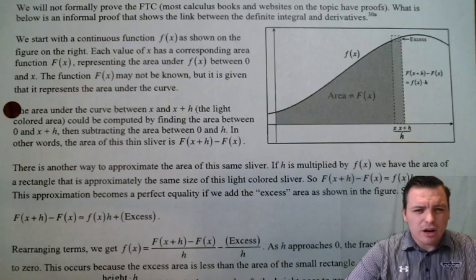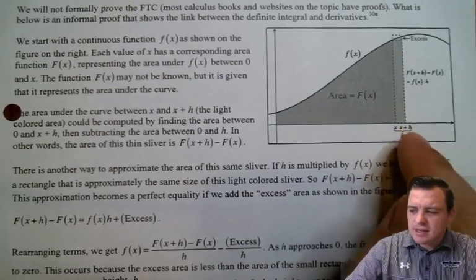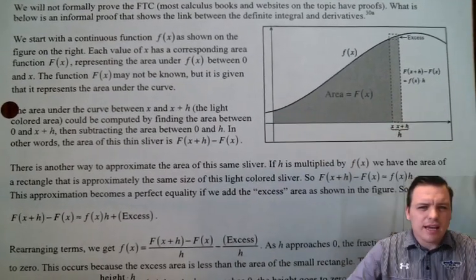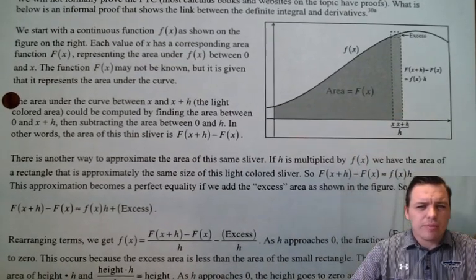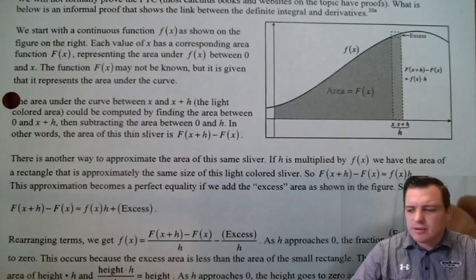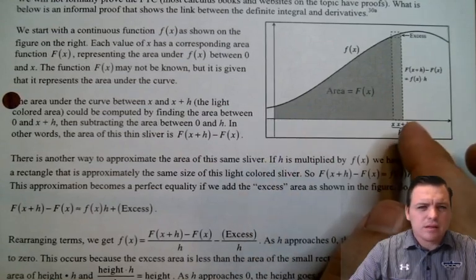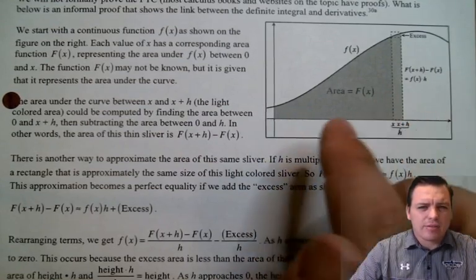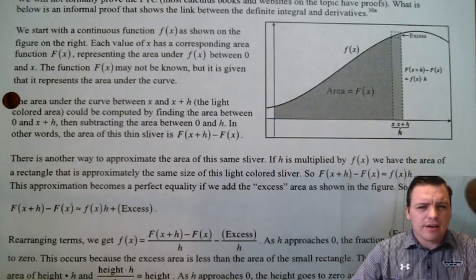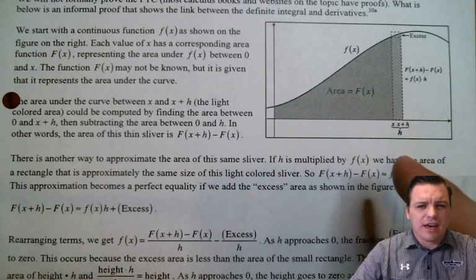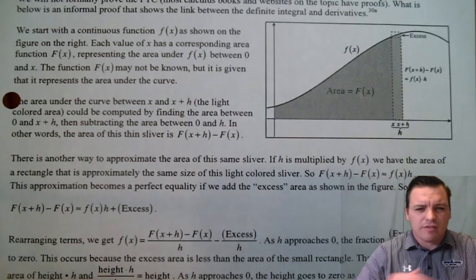The area under the curve between x and x plus h, the light colored area right here, can be computed by finding the area between 0 and x plus h, then subtracting the area between 0 and x. In other words, the area of the thin sliver is big F of x plus h minus big F of x.